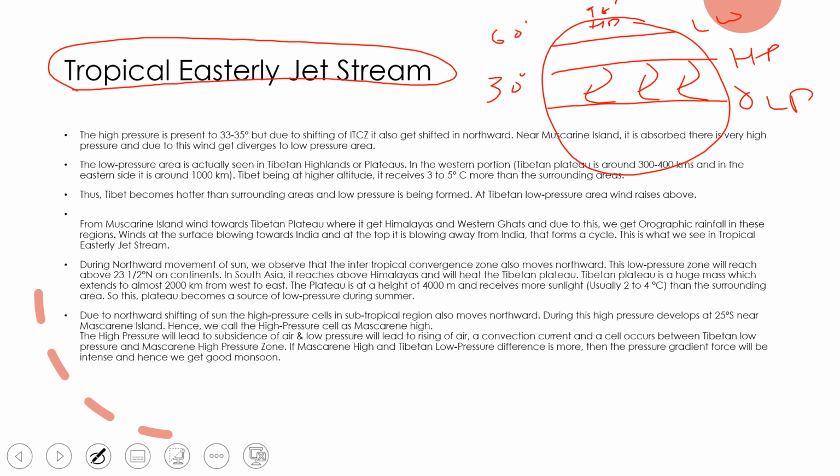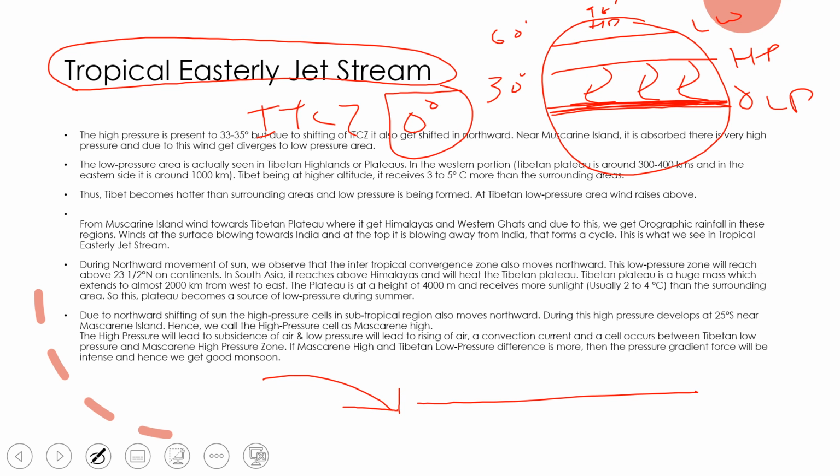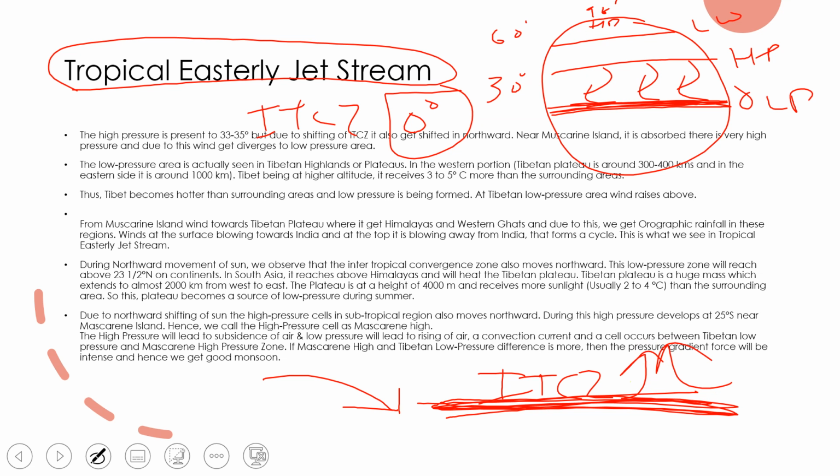The same thing is mentioned here: in the normal scenario, where will your ITCZ be? ITCZ will be at 0 degree, that is the doldrums, the intertropical convergence zone. It forms when the sun's rays hit directly over the equator, which creates a calmness at the equator, where all the heat and vapor rises, leaving an intense low pressure.